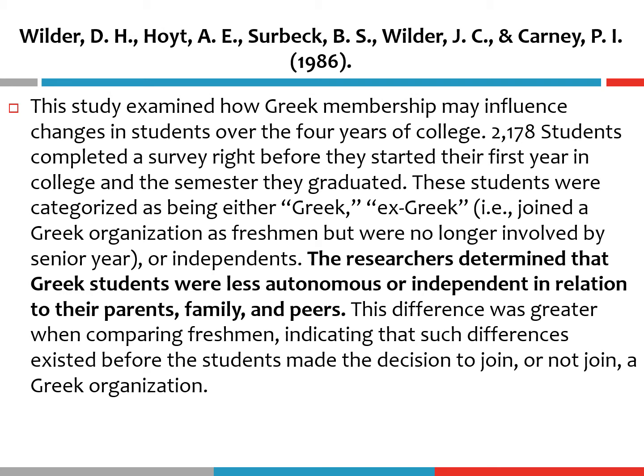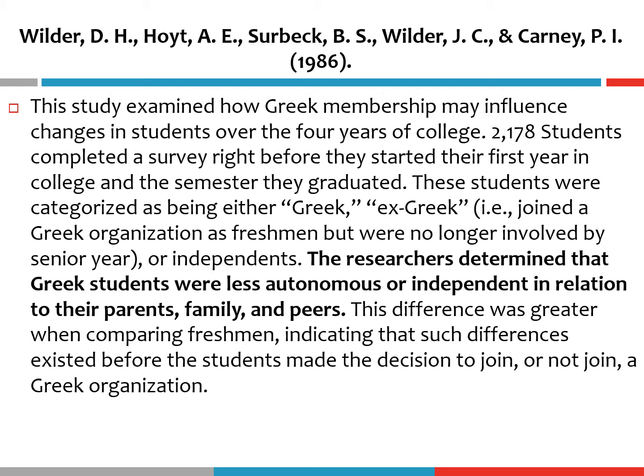So these students completed a survey right before they started their first year and also the semester that they graduated. And again, the students were categorized as either having joined a sorority, having joined but no longer been involved, or people who have never had an affiliation with a Greek organization.